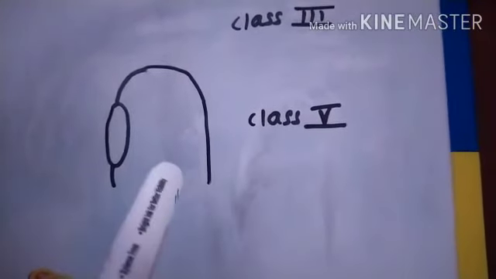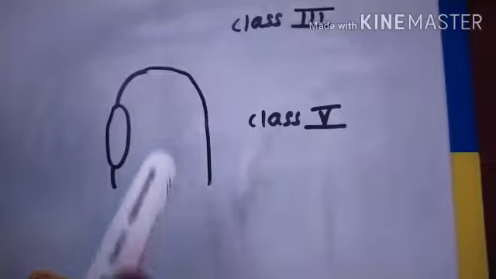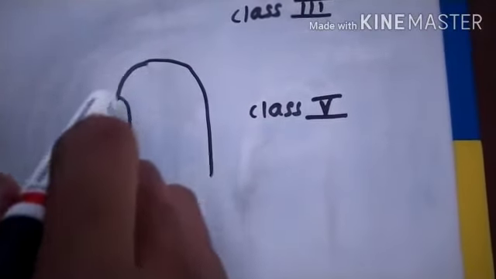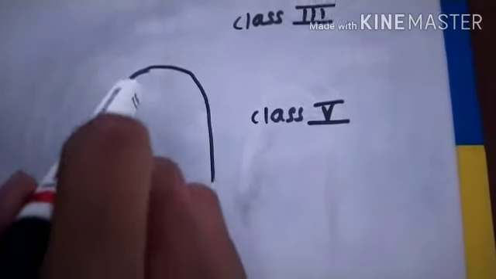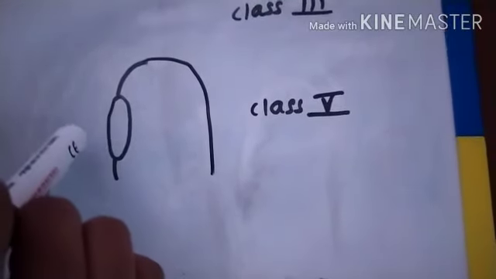But if we are planning to construct a denture and if the teeth which are present anterior to this edentulous space cannot be selected as an abutment tooth, such a situation is categorized as a class 5 type of classification.